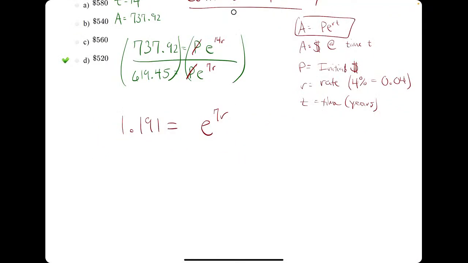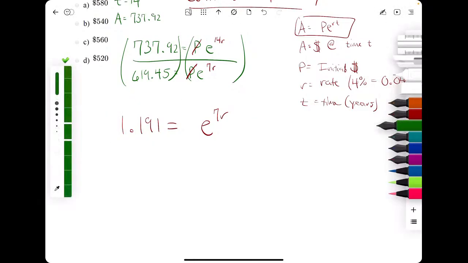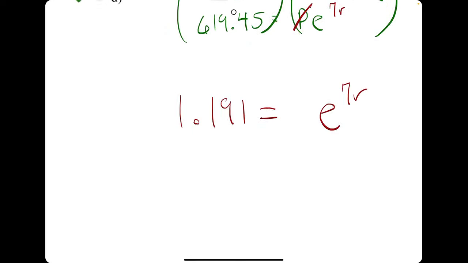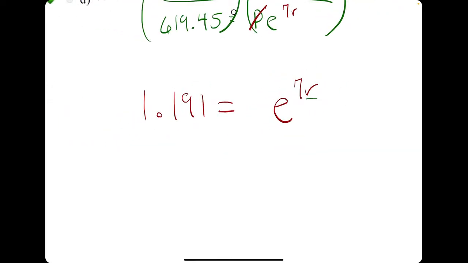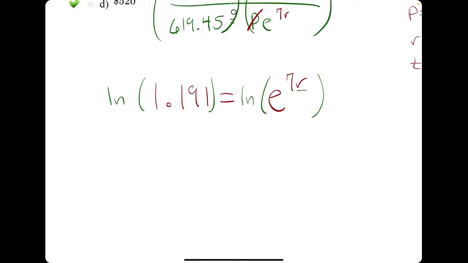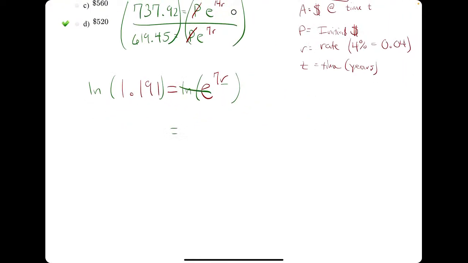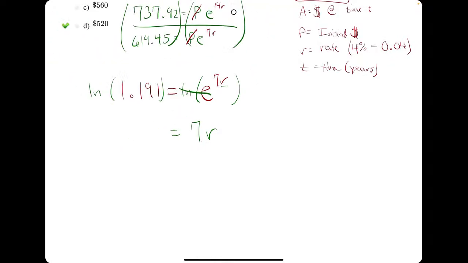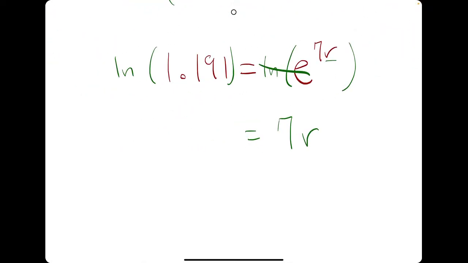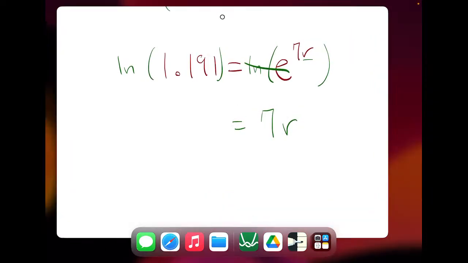All right, so now the goal is to solve this equation for r. To eliminate e and aim towards getting r by itself, we need to take the ln, the natural log, of both sides. Ln and e will cancel, leaving us with just 7r on the right side. On the left side, we will have ln of that number.